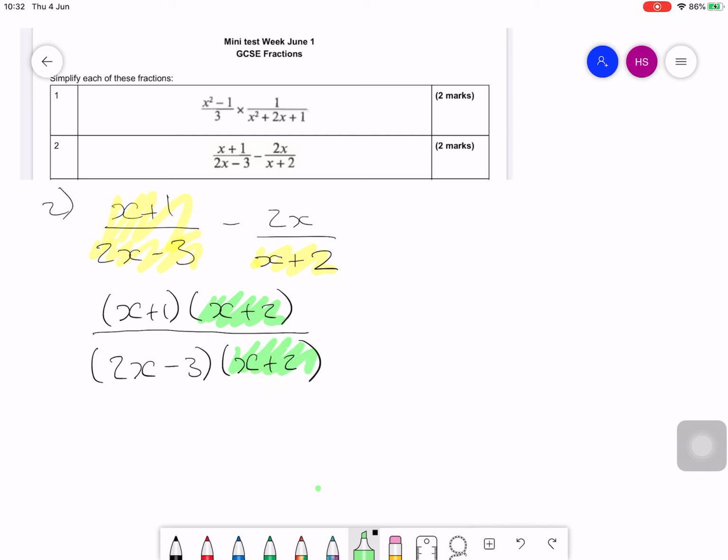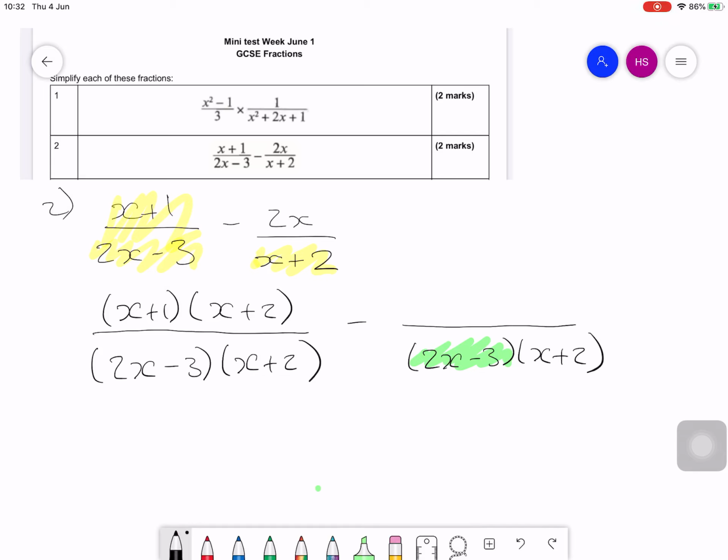So if I want to multiply the denominator by x plus 2, the numerator also needs to be multiplied by x plus 2. Then to get that denominator of 2x minus 3 times x plus 2, the second fraction is being multiplied by 2x minus 3. So I've got the 2x that was already there, and that needs to be multiplied by 2x minus 3.